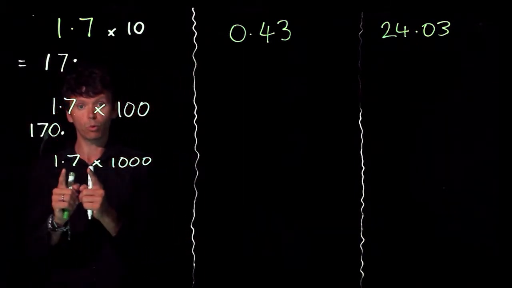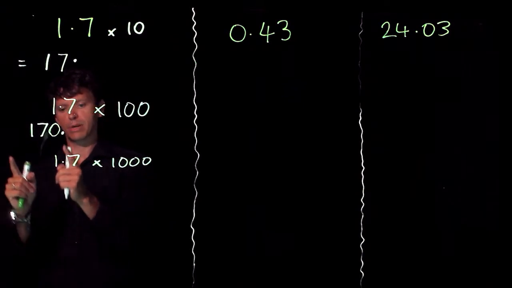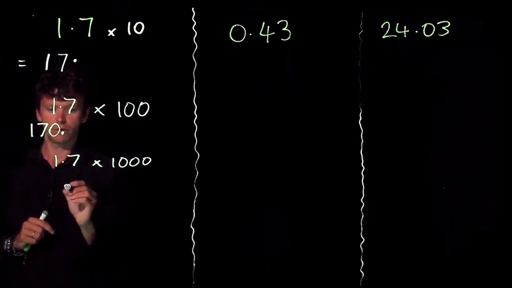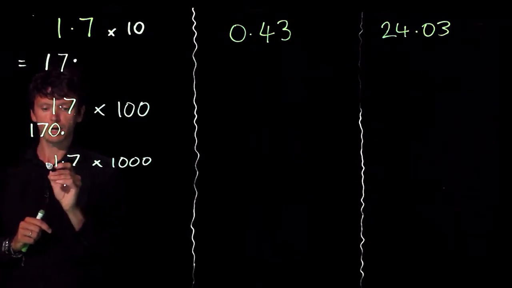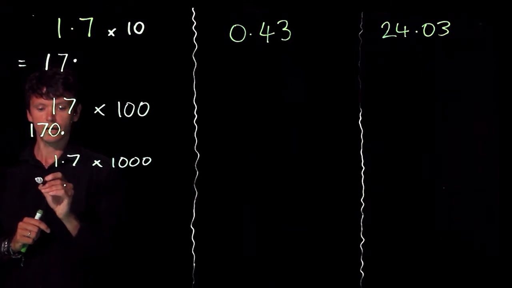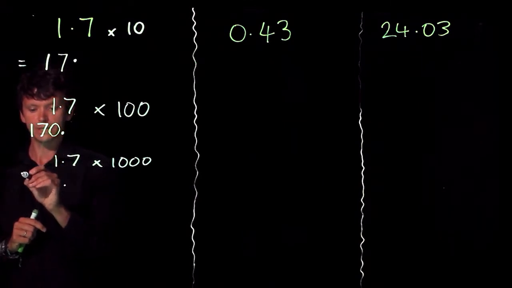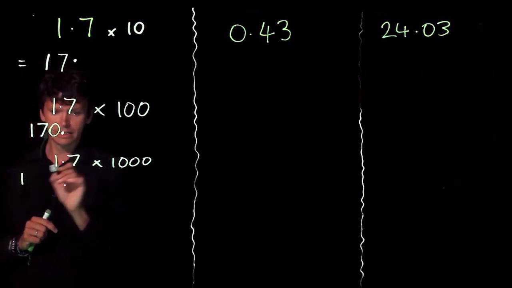And finally, let's have a look at 1.7 times 1,000. So we're going to move all of our digits 3 places to the left. Our 1, currently sitting in our units column, bypasses the tens and the hundreds and goes into the thousands column.